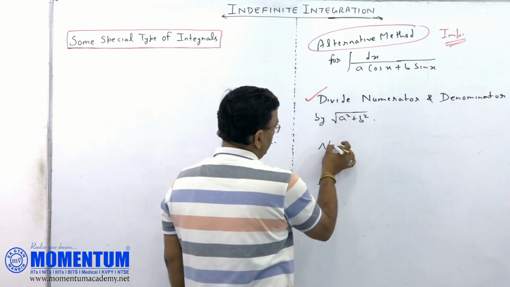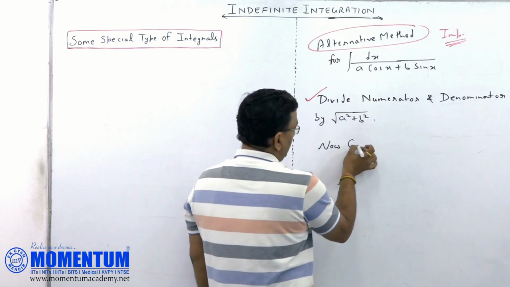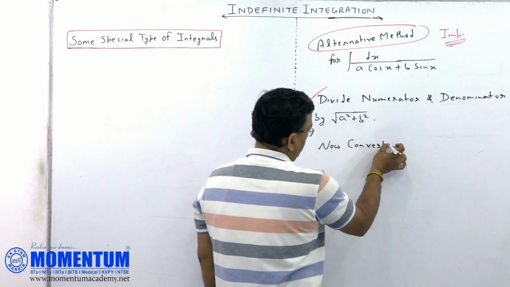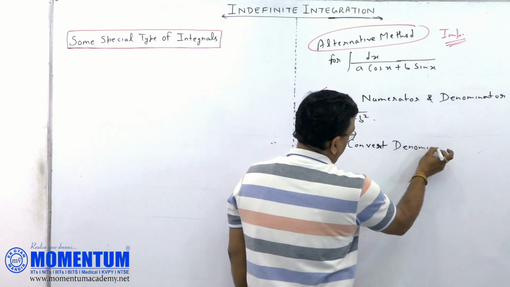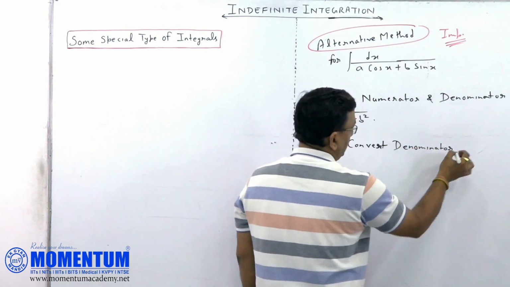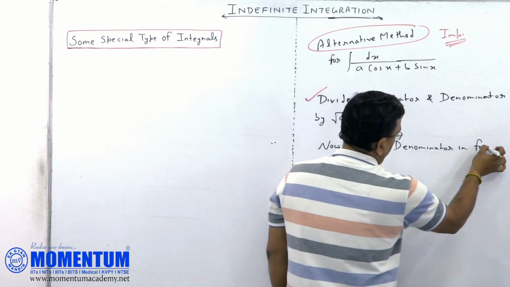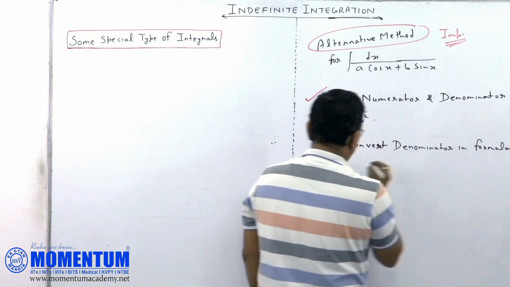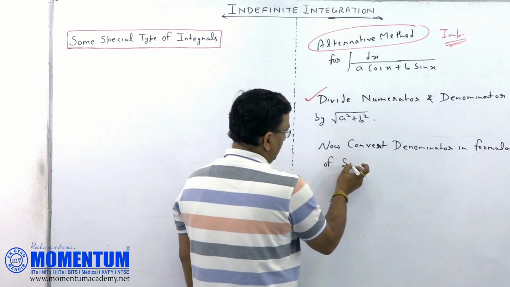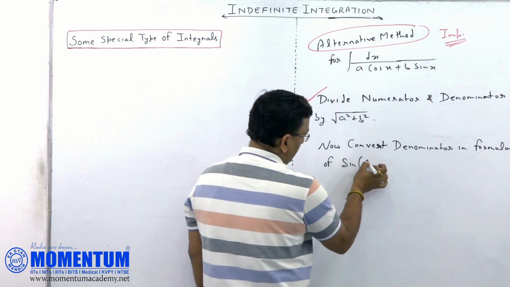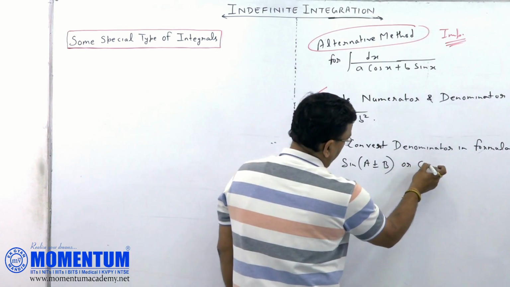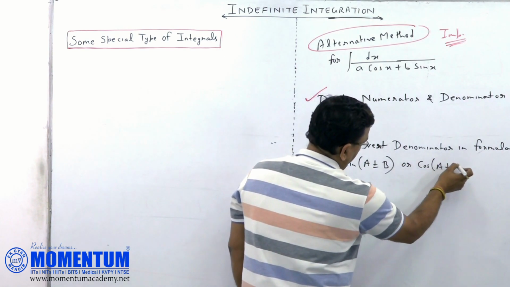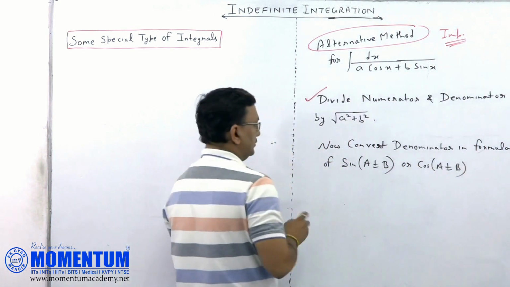Now convert the denominator into the formula of sine of a plus minus b or cos of a plus minus b.